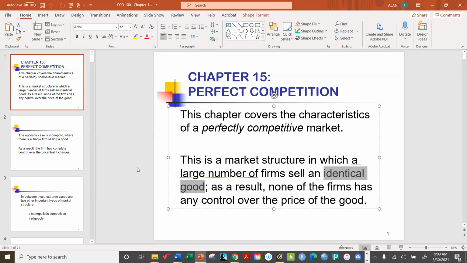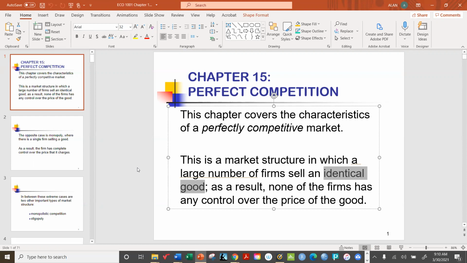But imagine a scenario where you have dozens of companies selling something that they just call cola, and it's exactly the same. The label on the bottle just says cola, and there's dozens of these companies selling cola. Well, then you probably end up with something very much like what we're seeing here called perfect competition.